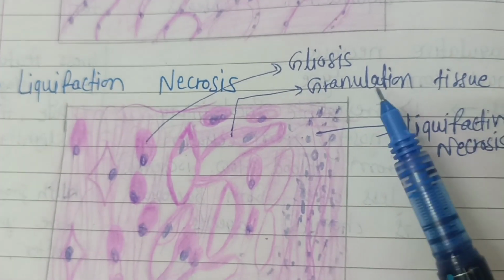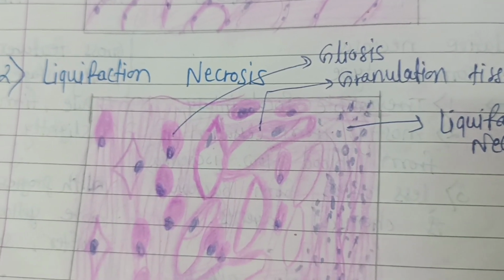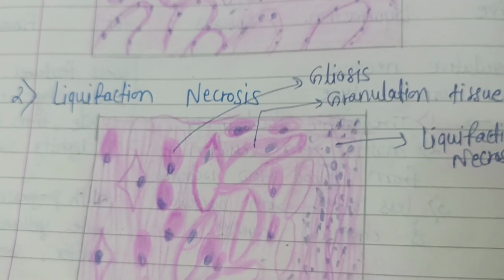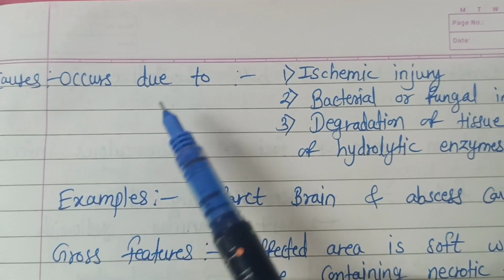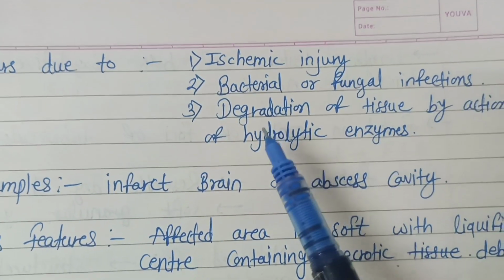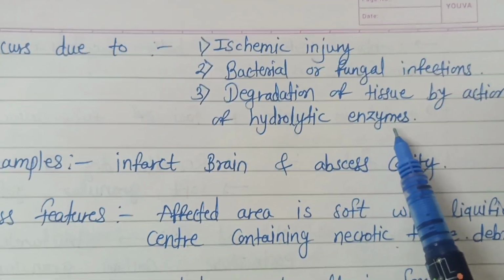Then what is granulation tissue? It is an important component in the wound healing process. Now let's see the causes of liquefaction necrosis. This occurs due to ischemic injury, bacterial or fungal infections, and degradation of tissue by the action of hydrolytic enzymes.